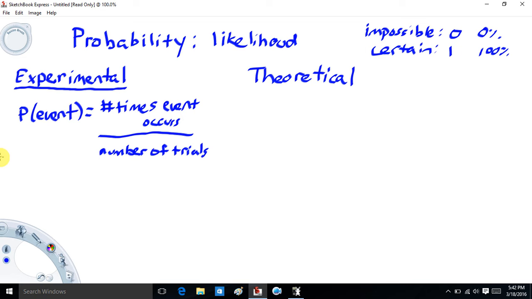One other thing we can do is a simulation. So a simulation is a model of an event. So let's just say we're picking a number between 1 and 6, so this would be simulating rolling a 6-sided dice.